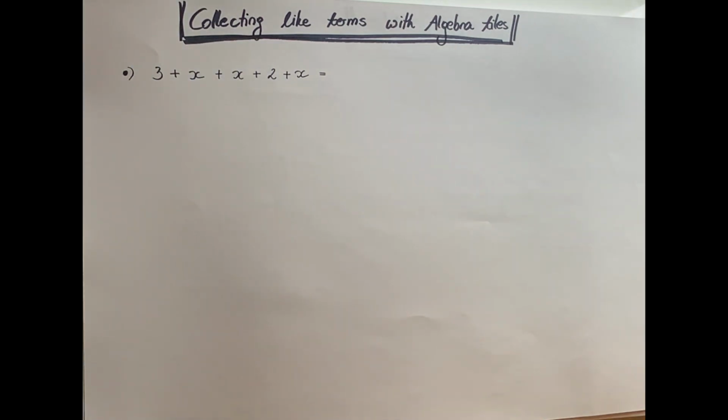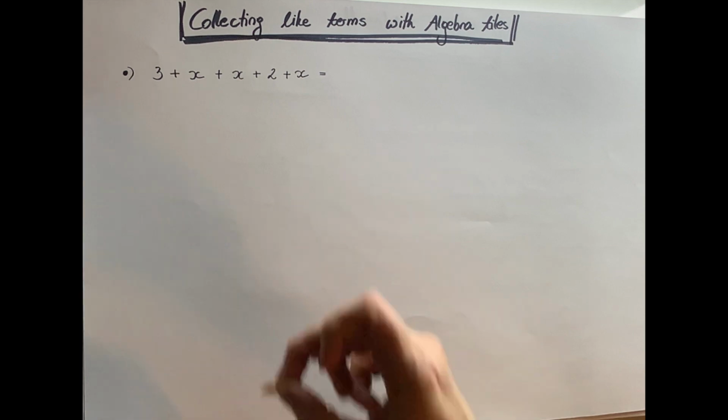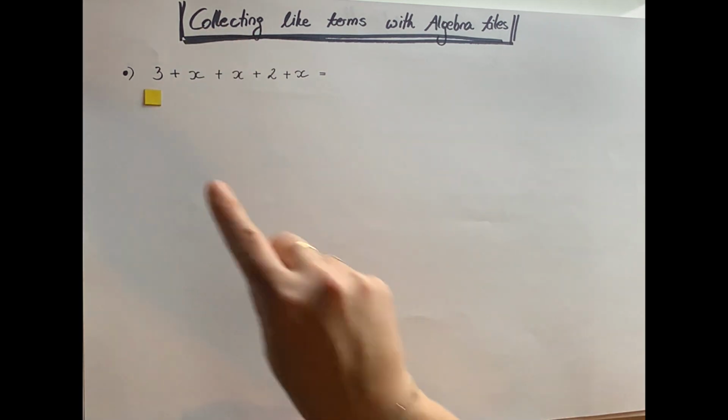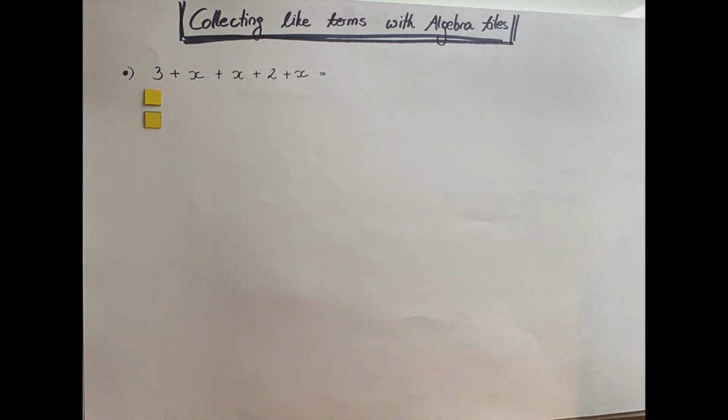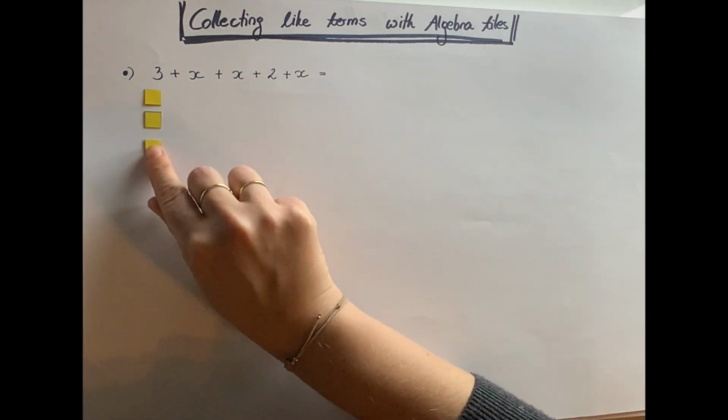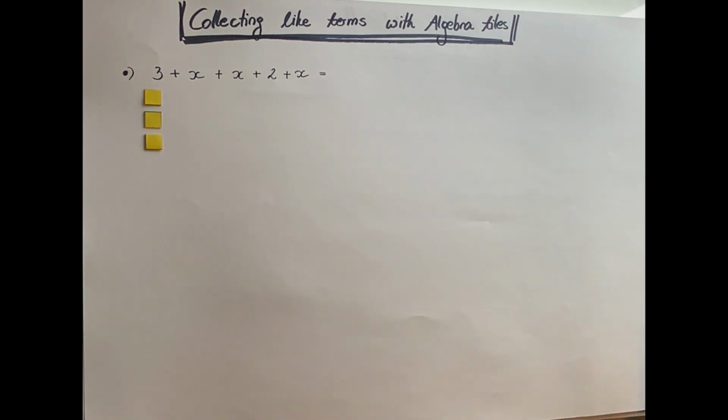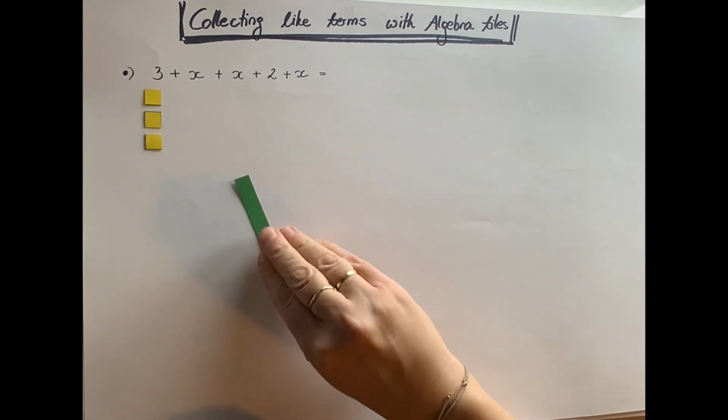So first of all, we want to represent this term with our algebra tiles. First of all, we need 3 unit tiles here. So 1, 2, and 3 unit tiles.